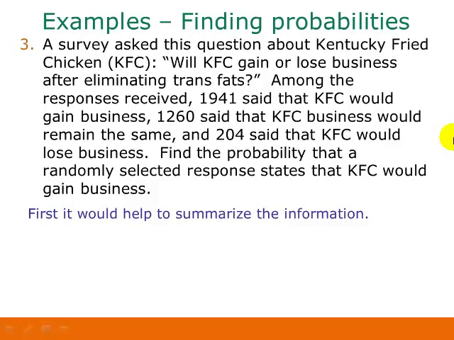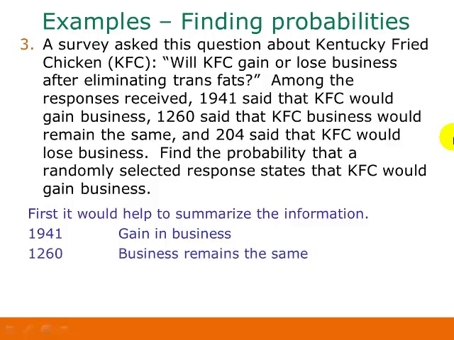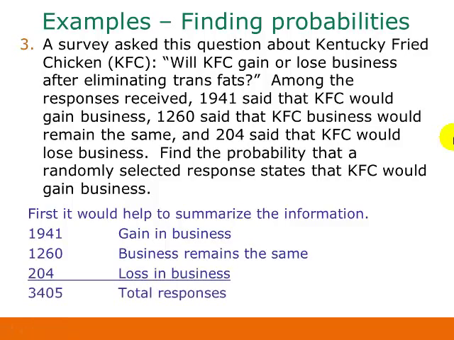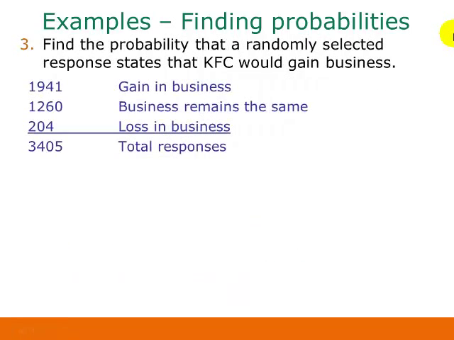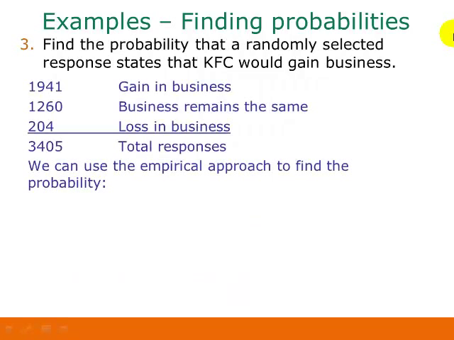So first, it'd help if we had a little bit of summary of this information. So we had this many responded gain, this many responded the business remains the same, and 204 responded that there was a loss. The total responses were 3,405. Since we have this data, we can use the empirical approach to find our probability.